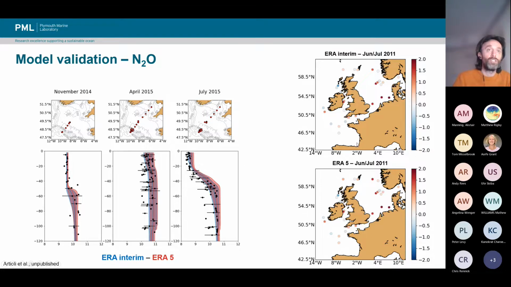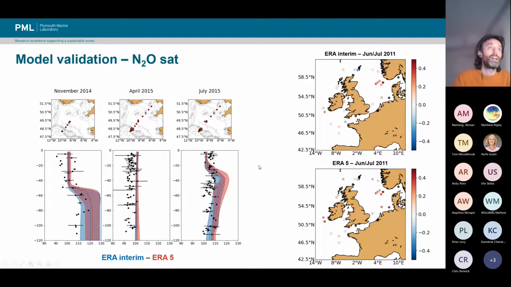If you look at the spatial distribution of surface data, this data comes from the UKOA, the UK Ocean Acidification Program in 2011. And again, it seems a very similar pattern. If you look closer, there are some small differences, but they look very similar, and similarly for the saturation of N2O.